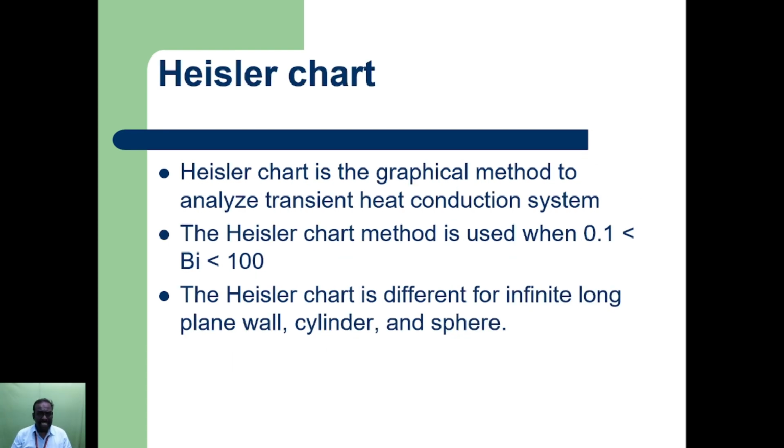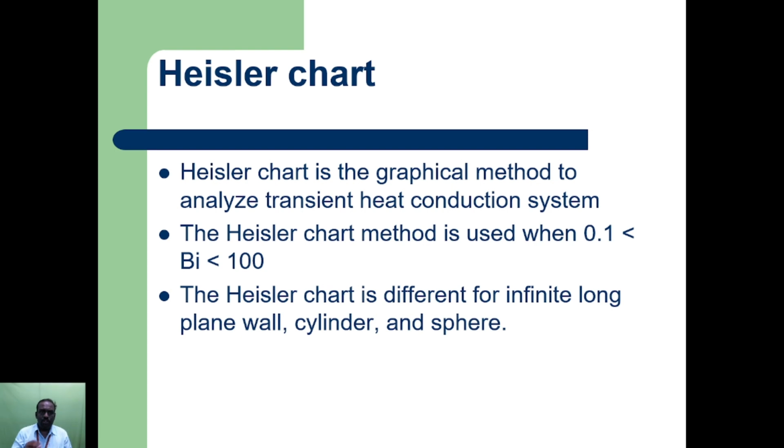Heisler charts are used for transient stage heat conduction. We can also use the HMT data book. We can see the Heisler chart and study how to compute the progress in the transient stage. In the transient stage there are three modes of heat transfer. One is the Biot number, and another is the semi-infinite body and infinite medium heat transfer, which we will also discuss.